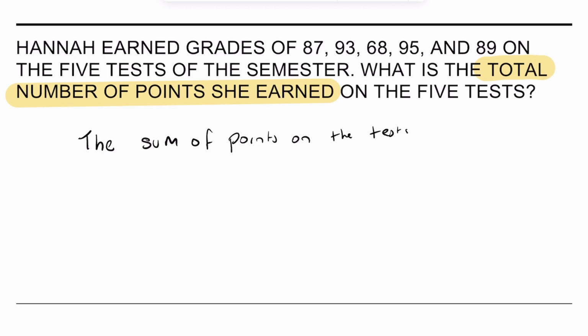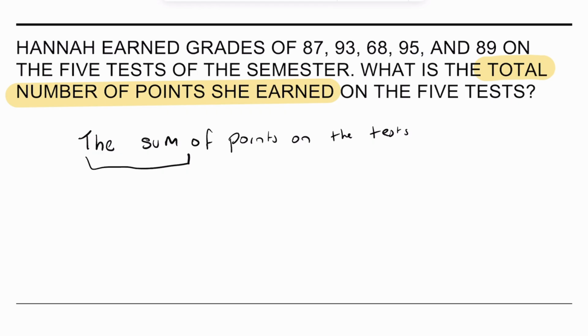And so at that point, you should have a couple of alarm bells really ringing. So we know how to find a sum. How we do that is we have addends and we add them together using the plus operator. So we should have some numbers and then plus symbols in between. And then from there, we should be able to find some result. And so if we look, we have 5 numbers, we have the test scores.